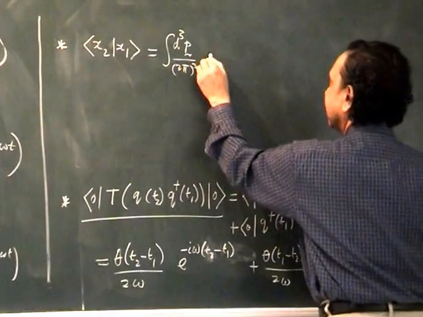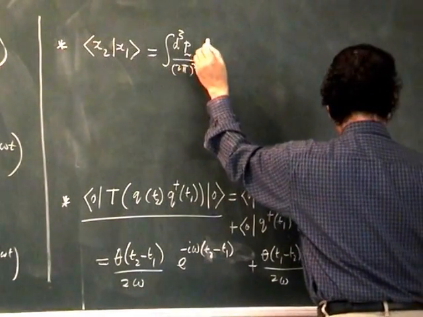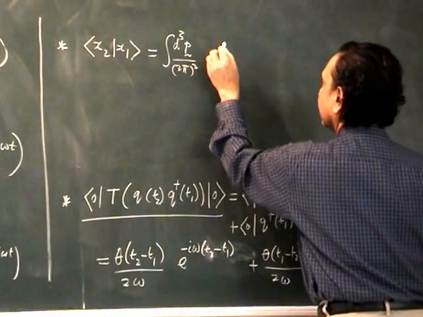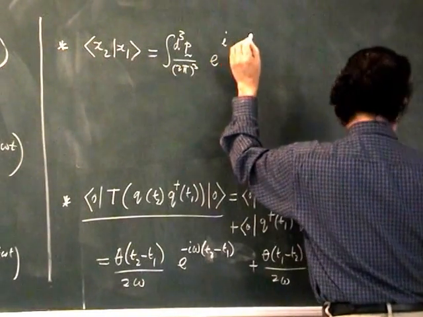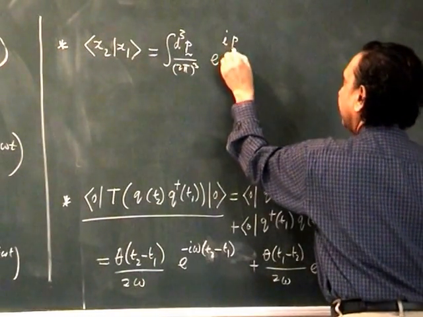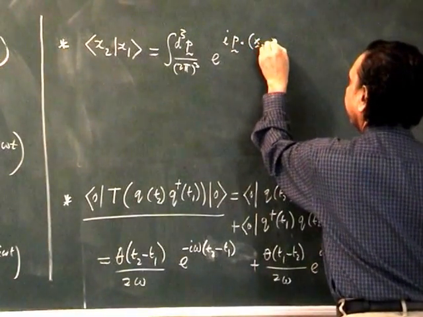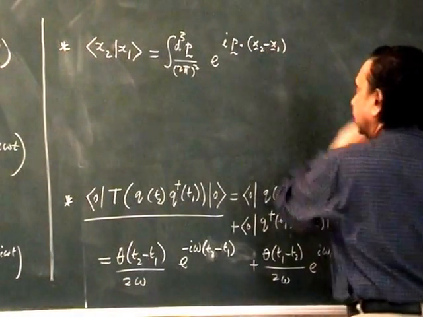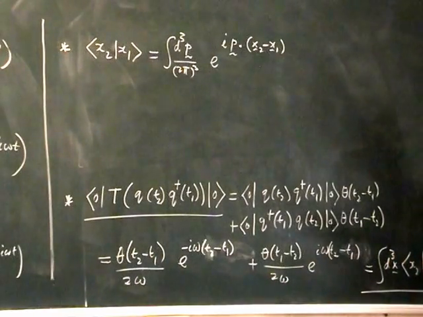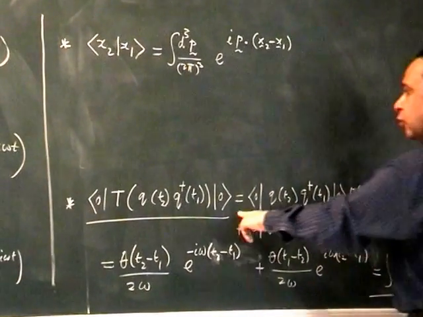Let me write this in expanded form, with e to the i p dot, and again get the signs right, x1. So this goes to the other side of this quantity.